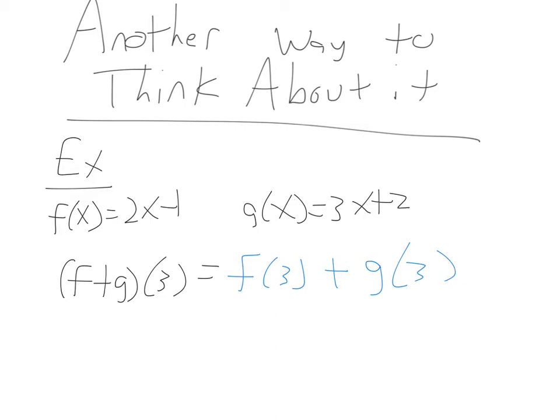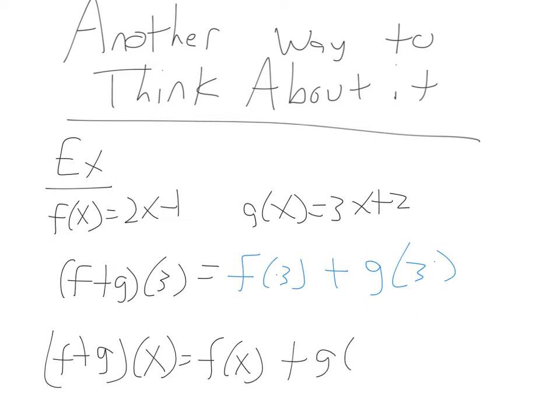Because remember, f plus g of x, this is why we can just take f of 3 separately, g of 3 separately, and add it together. Because remember, f plus g of x is equal to f of x plus g of x. So technically we could take the value of f separately and the value of g separately and add them together.